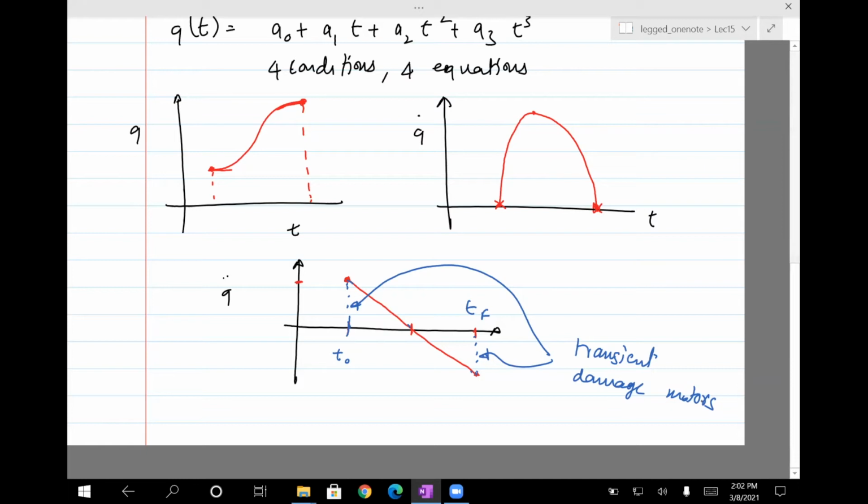So, well, how do you avoid this? Well, you can avoid this by saying that you enforce 2 more conditions. You already had 4 conditions, positions and velocity, but you can have 2 more conditions. And those conditions are that the acceleration at the start and at the end should be 0. And that will give you together 6 conditions, which means you need a 5th order polynomial, and then you can solve that and get the profile.